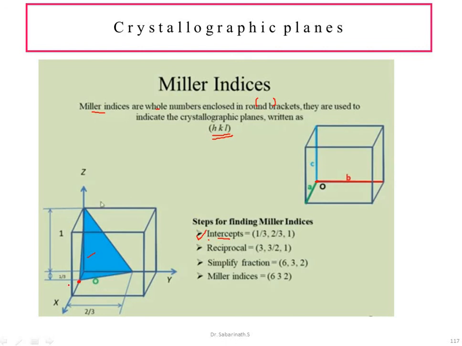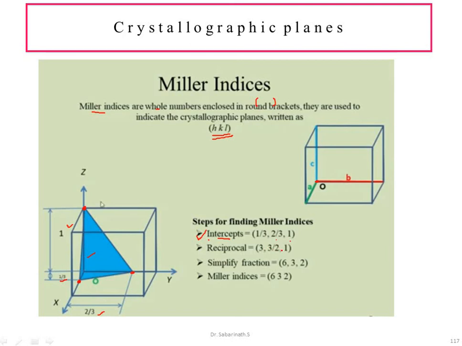Here on the x-axis it is 1/3, along the y-axis it intercepts at 2/3, and along the z-axis it intercepts at unity or 1. So the intercepts are 1/3, 2/3 and 1. The reciprocals of the above mentioned intercepts are 3, 3/2 and 1.